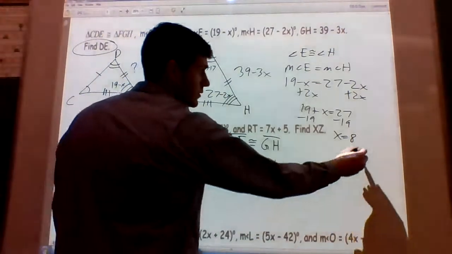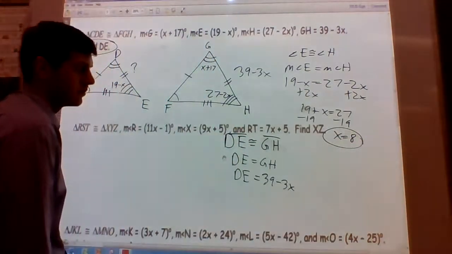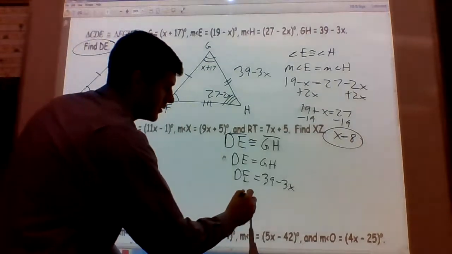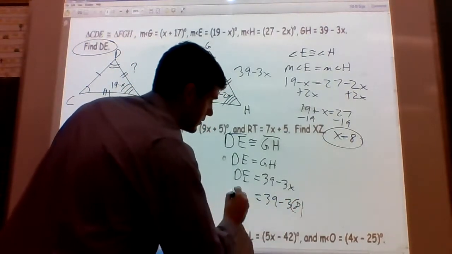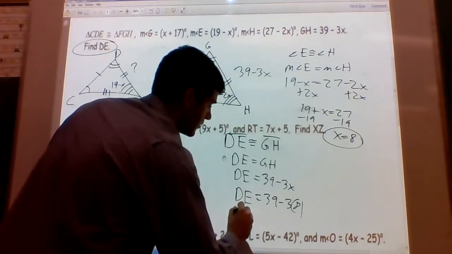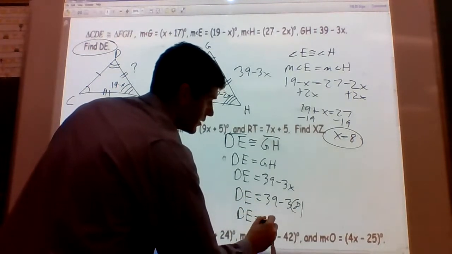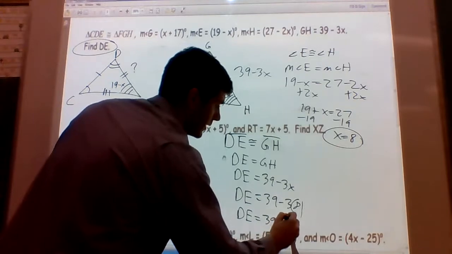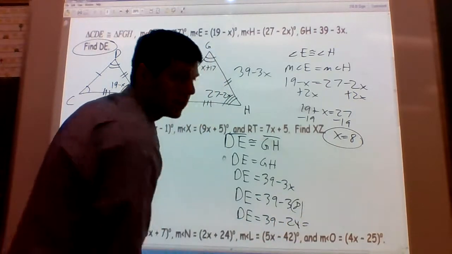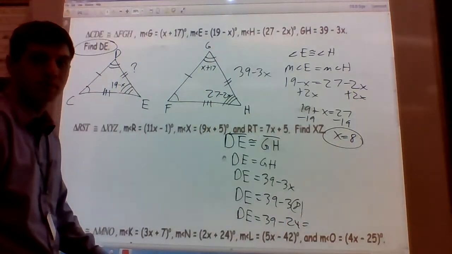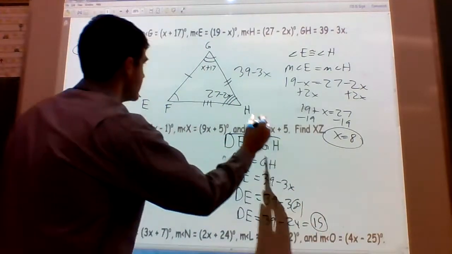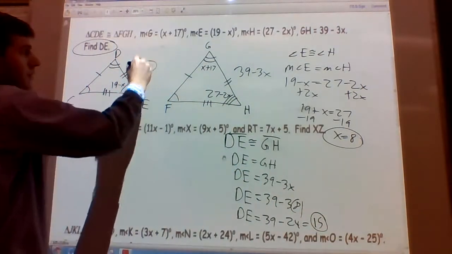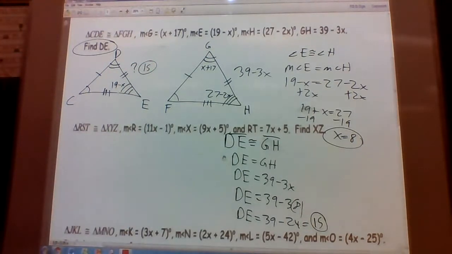We know x is 8, so we can substitute that in. We're going to have 39 minus 3 times 8. So DE is going to be 39 minus 24, which is equal to 15. So we know that DE is 15.